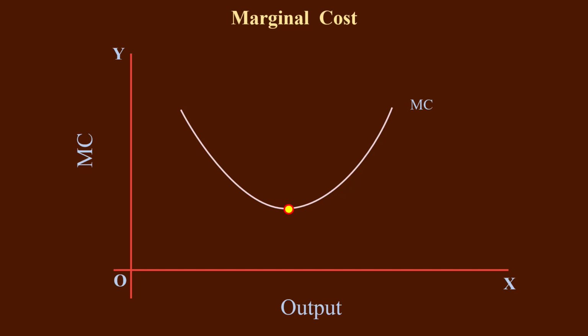At the minimum point of marginal cost curve, total cost is increasing at a constant rate. After reaching the minimum, marginal cost curve increases because total cost is increasing at an increasing rate. So, the rate of change of total cost determines the shape of the marginal cost curve along with the law of variable proportion.